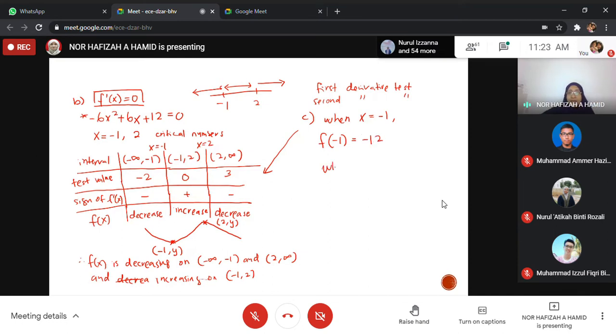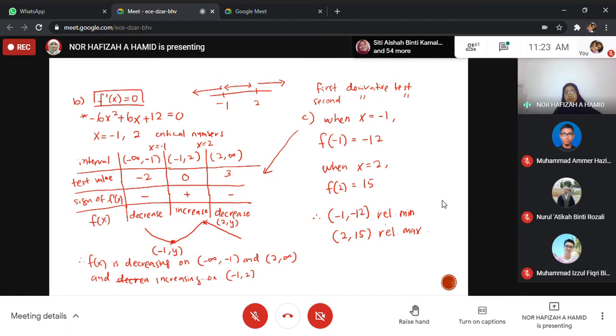And when x equal to 2, f(2) is equal to 15. So you can conclude the relative minimum is (-1, -12), while (2, 15) is the relative maximum. This is how I solved it using the first derivative test.